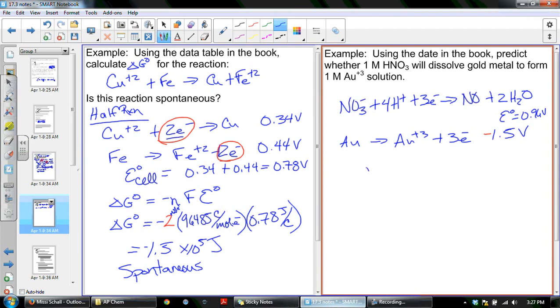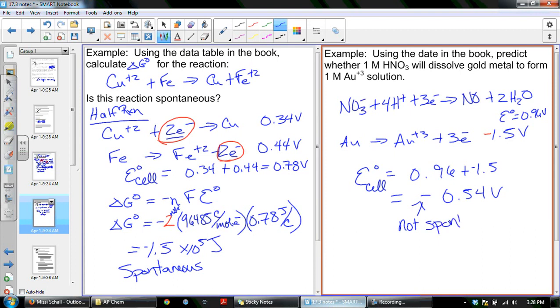So the E of the cell here would equal 0.96 plus 1.5, plus a negative 1.5, which would give us a negative 0.54 volts. So our E of the cell is negative, so it is not going to be spontaneous.